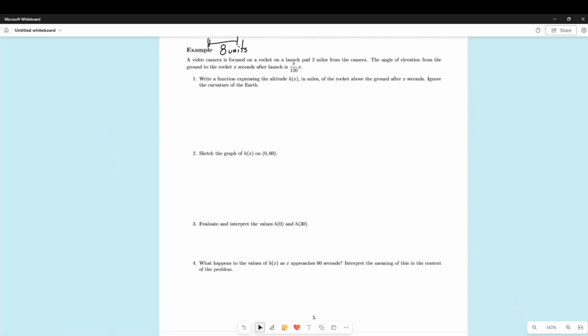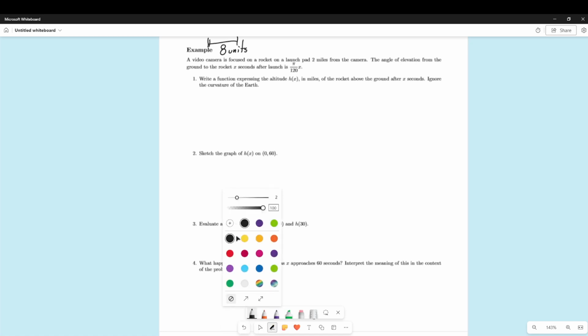So a nice application question here. Give you a chance to read through that real quick. Just give it a pause and read through it real quick. So a nice classic tangent question. Nice of it to allow us to ignore the curvature of the Earth.